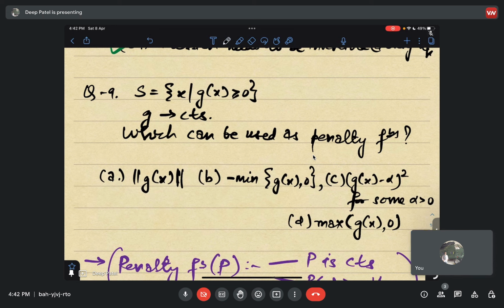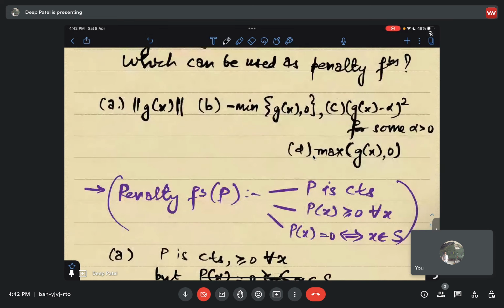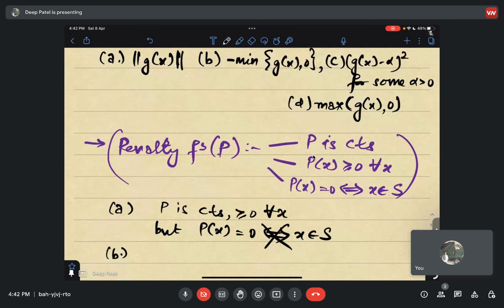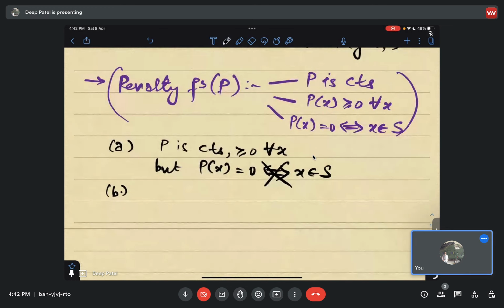Is it continuous? Is the min function continuous? Yeah, it's continuous. It could be continuous, though we don't know for sure because we don't know g.